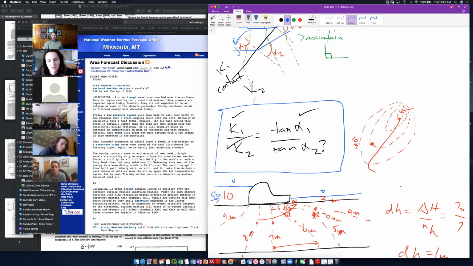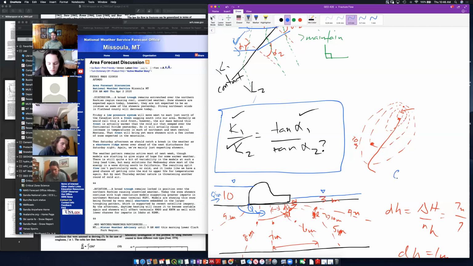I've got some discharge under the dam, some leakage under the dam, and some coming in. So if Q out is greater than Q in.